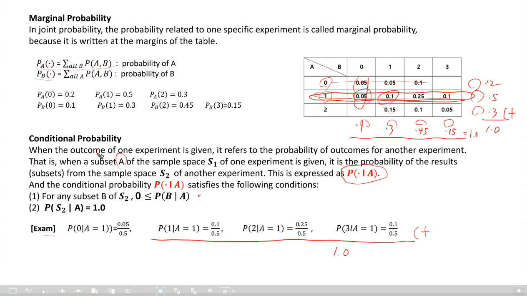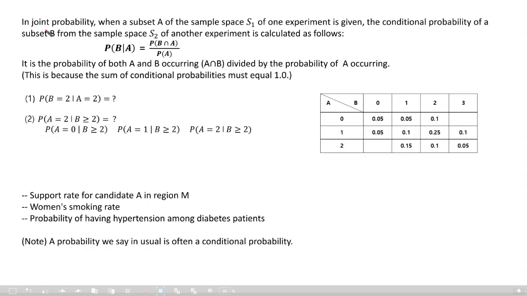All right. How to get conditional probability? When a subset A of a sample space S1 of one experiment is given, the conditional probability of a subset B from the sample space S2 of another experiment is calculated as follows. This is the basic formula.